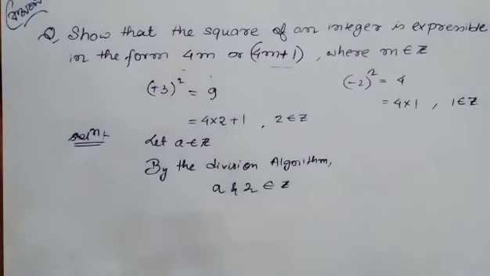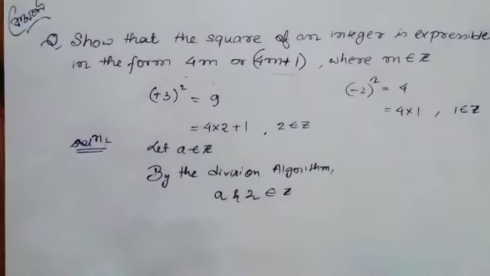Then if we divide a by 2, we will get a quotient, and you can get a remainder or you cannot. If a is completely divisible by 2, then the remainder will be 0, and if it is not completely divisible by 2, then you will get a remainder, and the remainder will be less than 2, right?